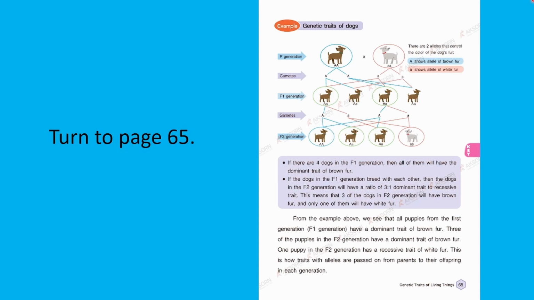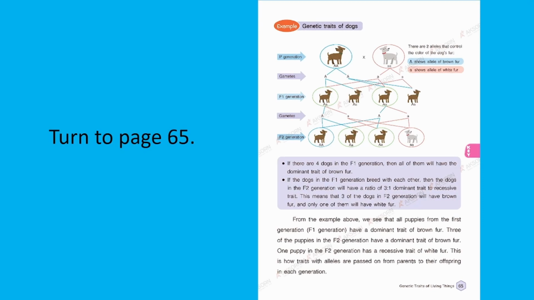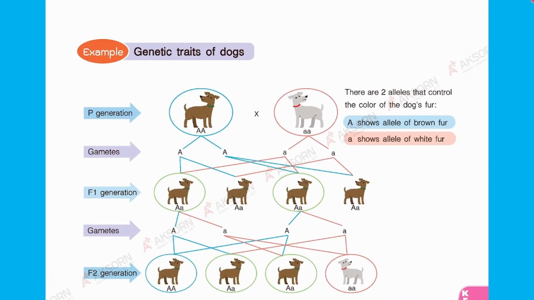Turn to page 65. Example, genetic traits of dogs. P generation.